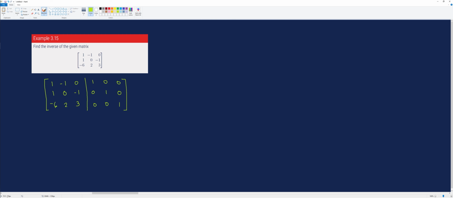So the first thing that we need to do is to make this 0 and 0. For this to become 0, all we need to do is this operation, that's R2 minus R1. And for this to be 0, all we need to do is perform this operation, R3 plus 6 R1.